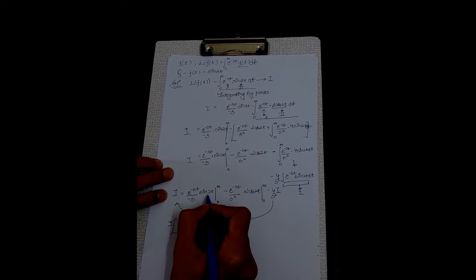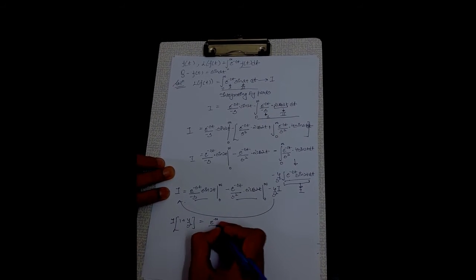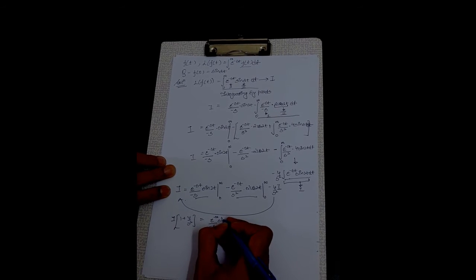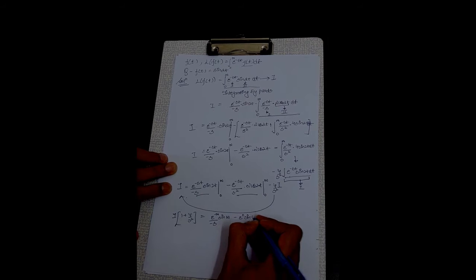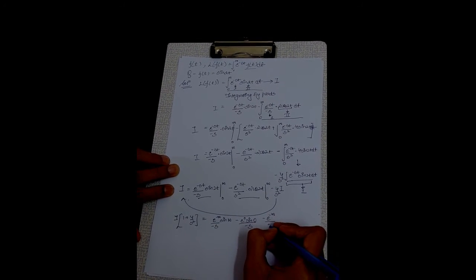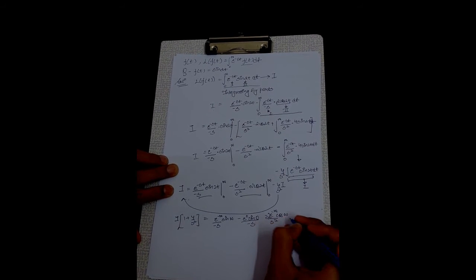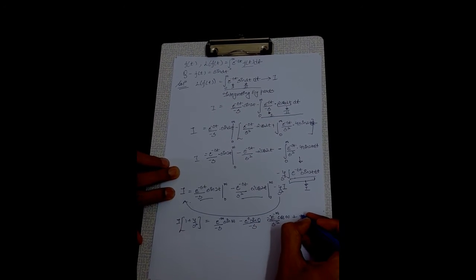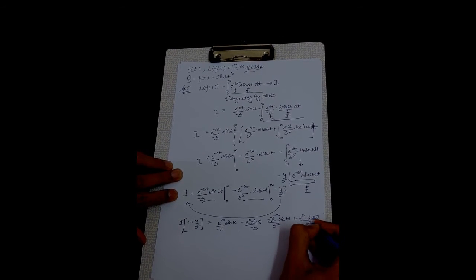Now we start putting limits in this and this. We get e to the power minus infinity upon minus s sin infinity, minus e to the power 0 sin 0 upon minus s, minus e to the power minus infinity upon s square cos infinity, and plus e to the power 0 times 2 cos 0 upon s square.